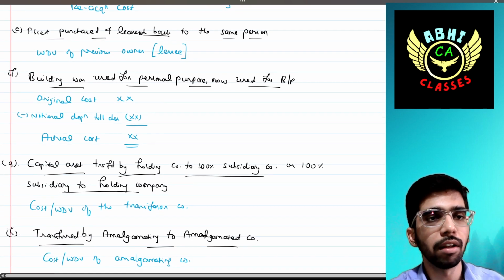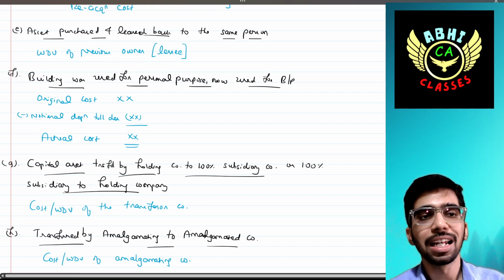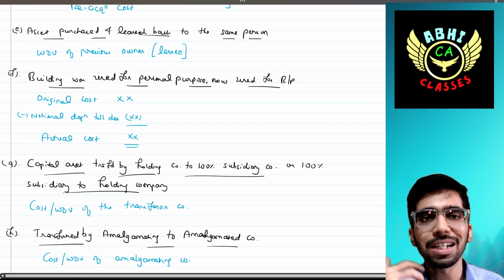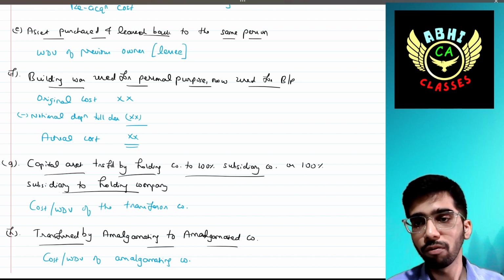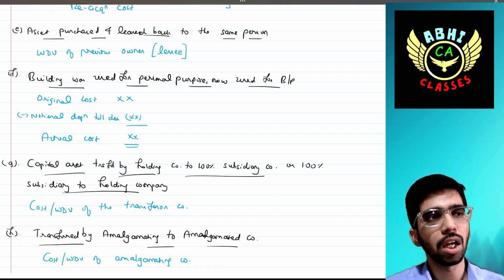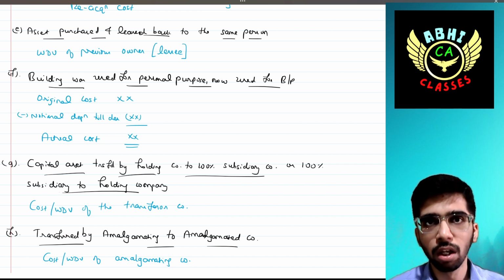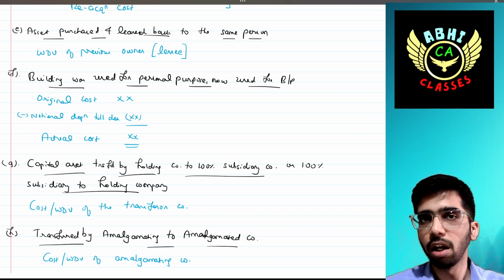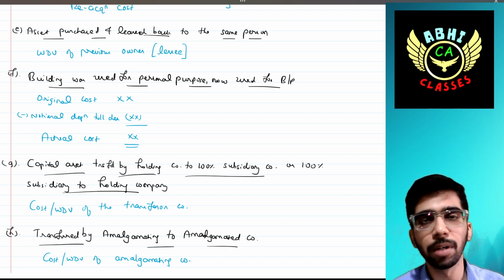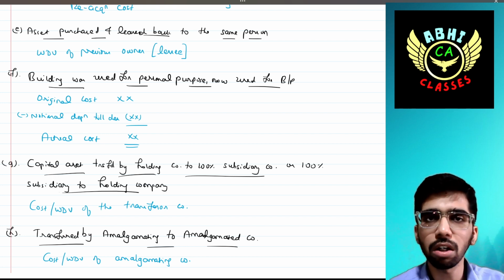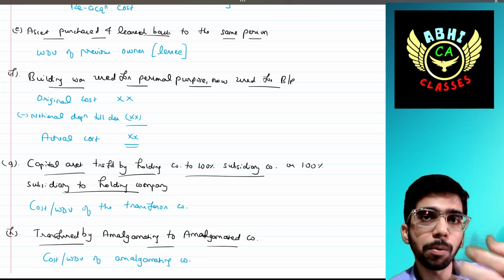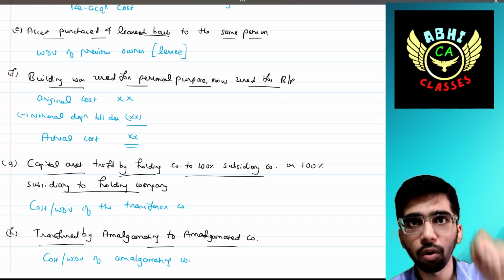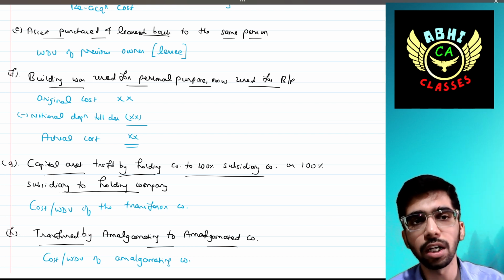Then the next special case, the building was used for personal purpose, now used for business purpose. For example, I have used one piece of furniture till now as personal in nature, but I brought that furniture to my business or profession, then what would be the cost? The original cost minus notional depreciation till date.